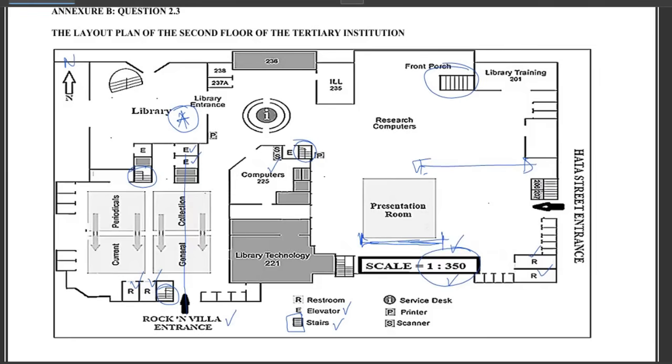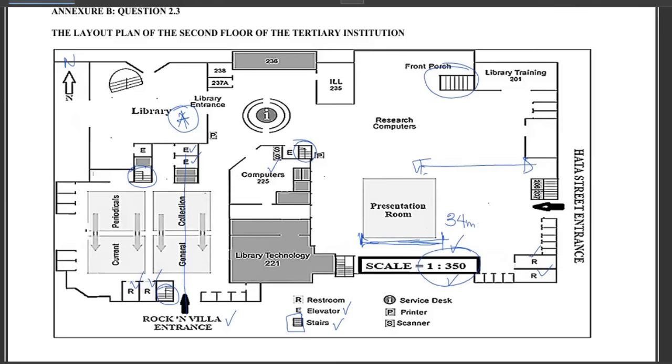When we measure this, we come up with a value which is 34 millimeters. Ne?